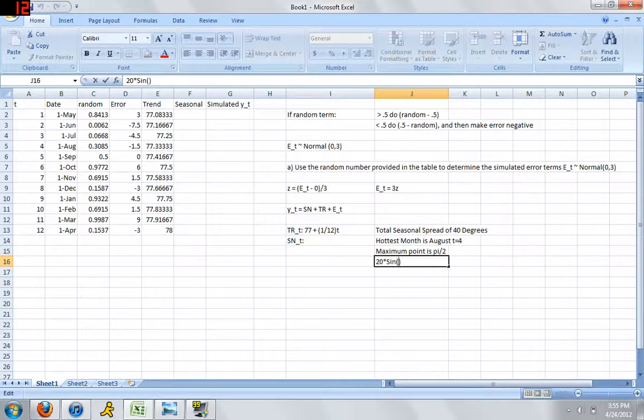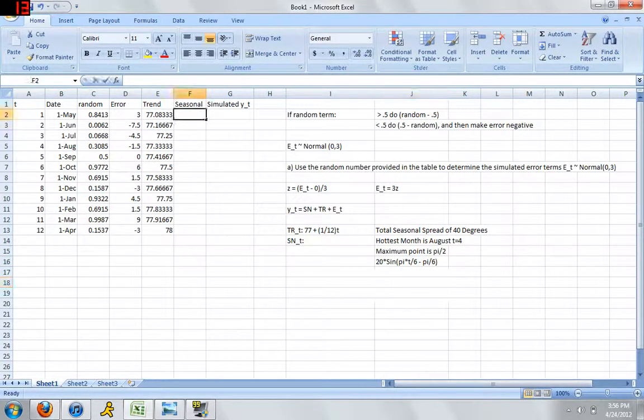Knowing this, you can come up with this equation: pi times t over 6, minus pi over 6. This allows you, if t is equal to 4, for the inside to be equal to pi over 2. That gives you the maximum point of the sine function with this total seasonal spread of 40 degrees, which is 2 times this coefficient right here.